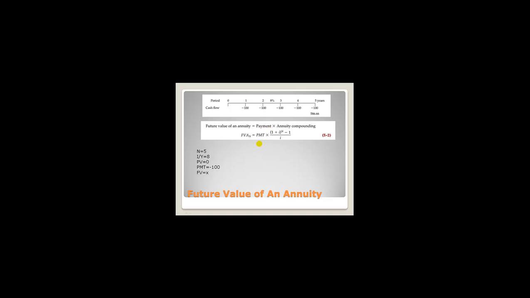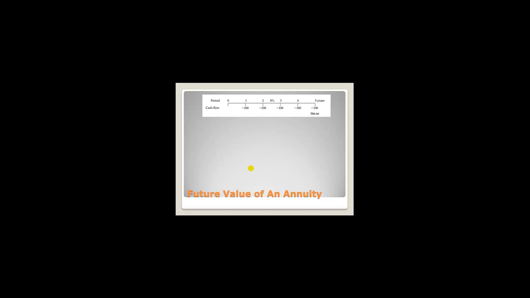So think of a bracket right here and right here: you're taking that payment and multiplying it by the entire calculation inside these brackets.